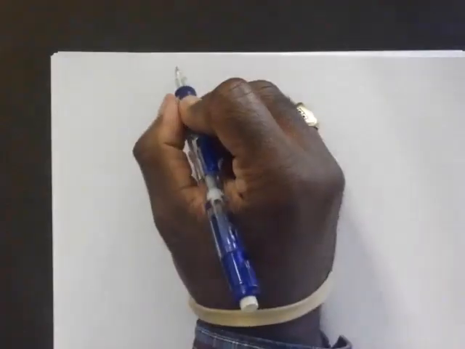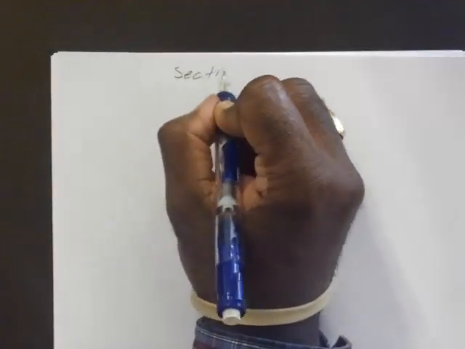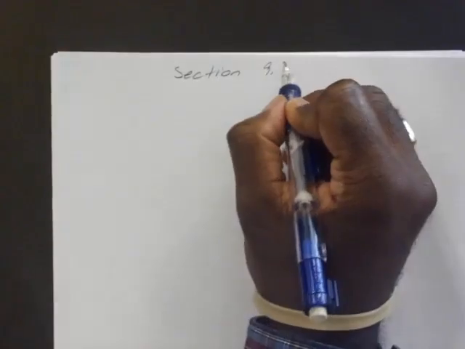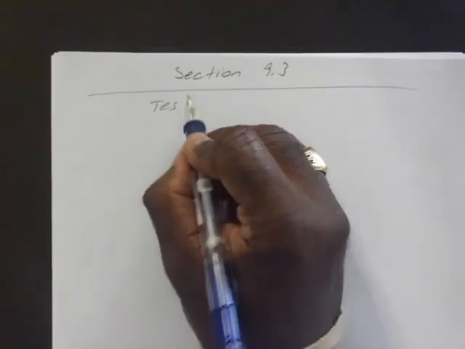So now we're going to look at section 9.3. It's your test for divergence.